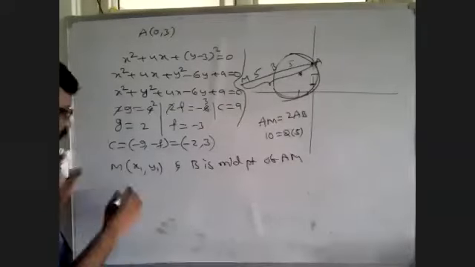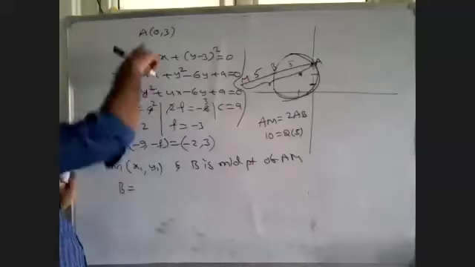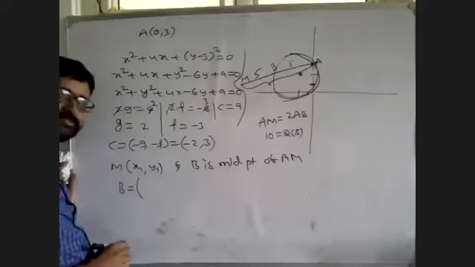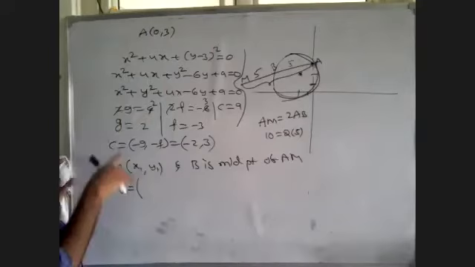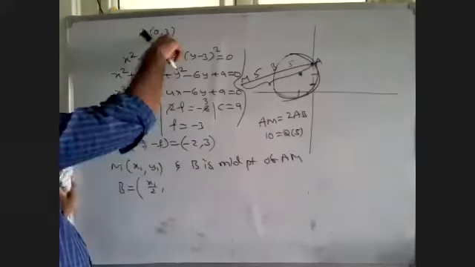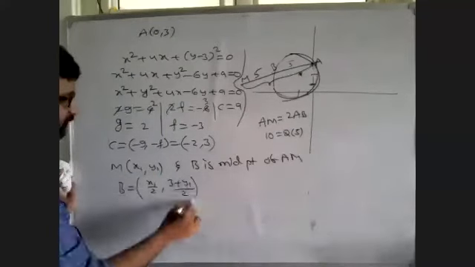Now, M is there and A is there, so we can find the midpoint using the midpoint formula: (x1 plus x2) by 2, (y1 plus y2) by 2. That gives x1 by 2, and (3 plus y1) by 2. This is the point B.